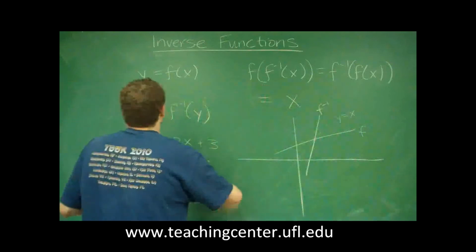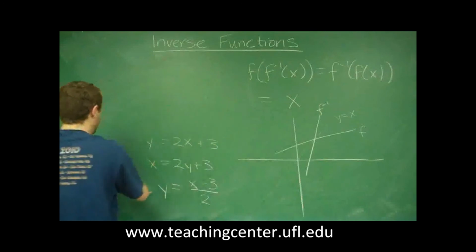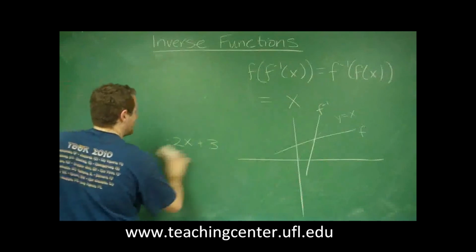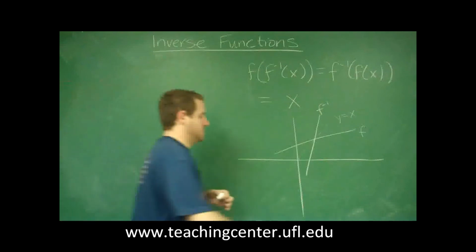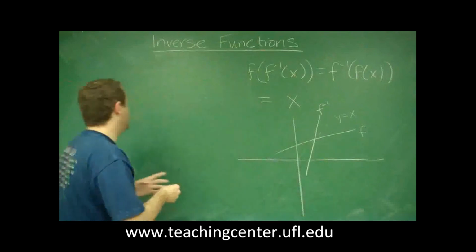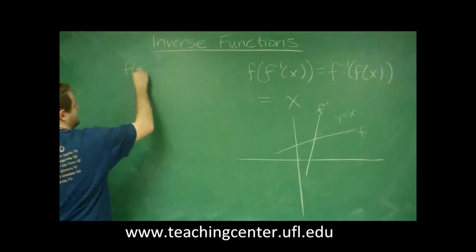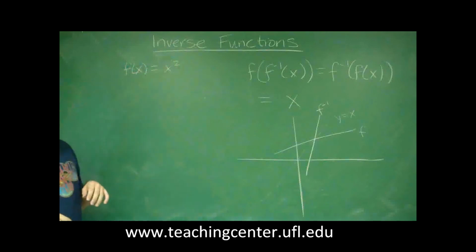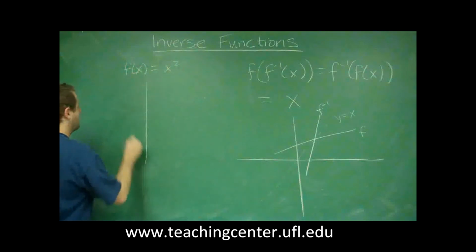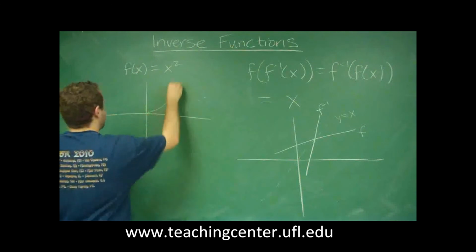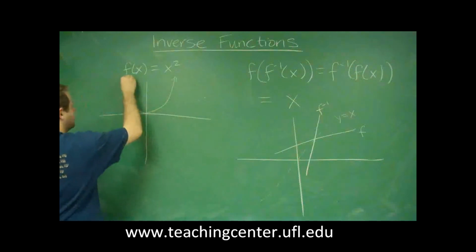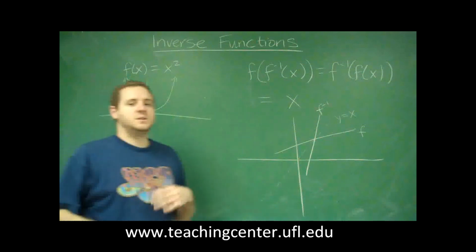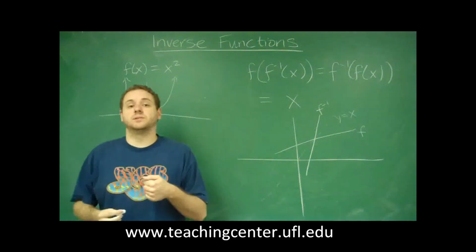Now, let me get to something a little bit tricky about inverses, and that some functions do not have inverses. So, let's look at a really basic function that doesn't have an inverse. f of x equals x squared. Looks like our parabola. Let's see why this doesn't have an inverse.